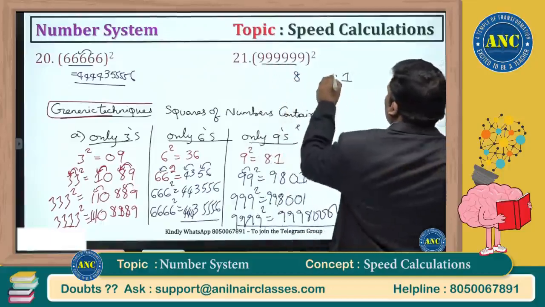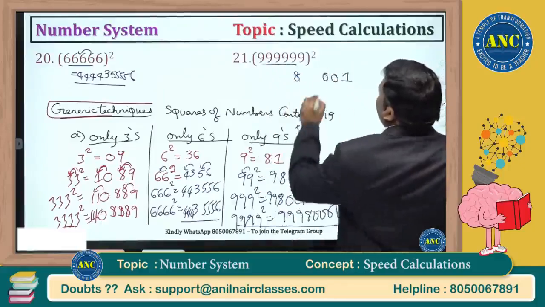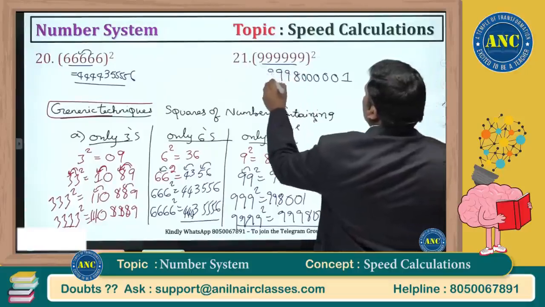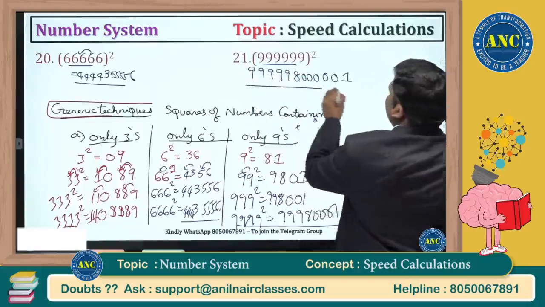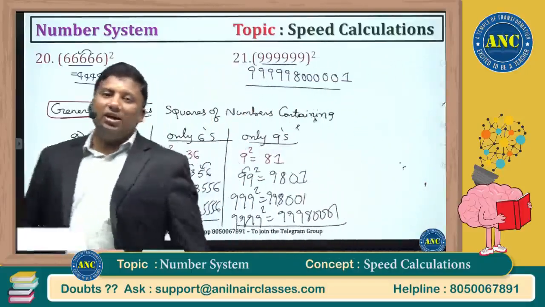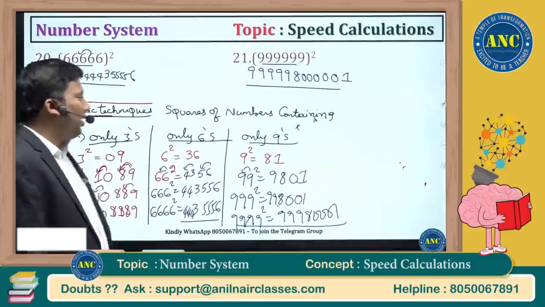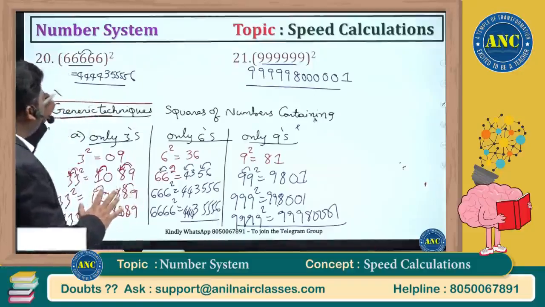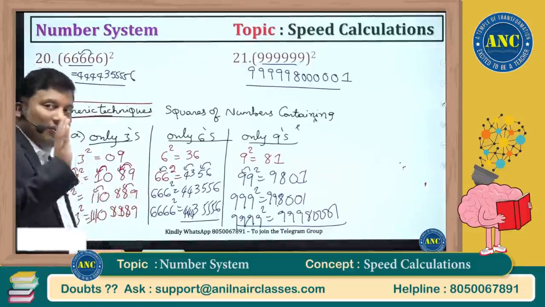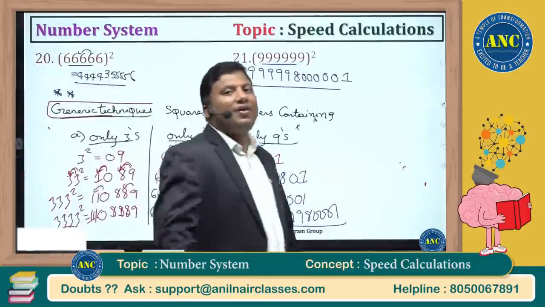Five 9s are added, so five zeros will come here. 1 less than 1, 1 more than 8: five 9s will come. The answer is five 9s followed by 8, followed by five zeros, ending with 1. Very interesting generic techniques of how to find the squares of a number.